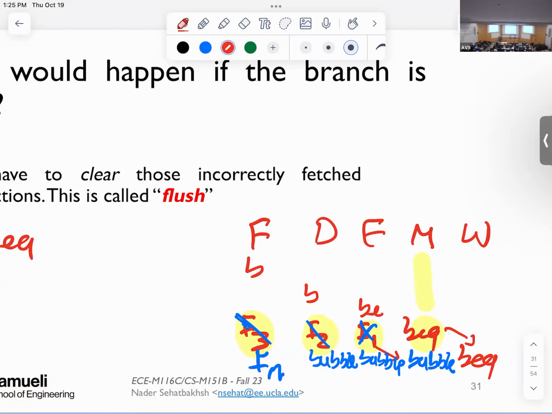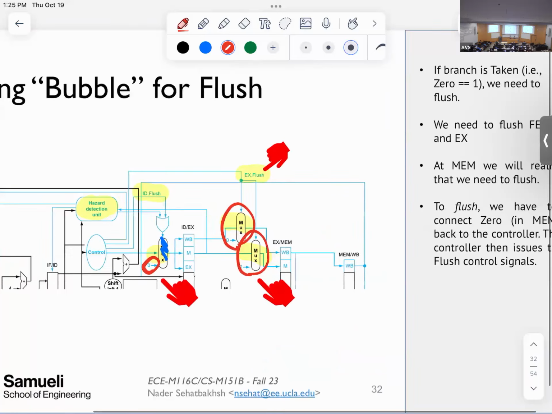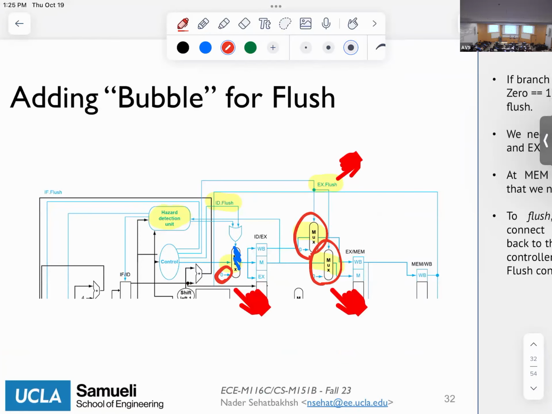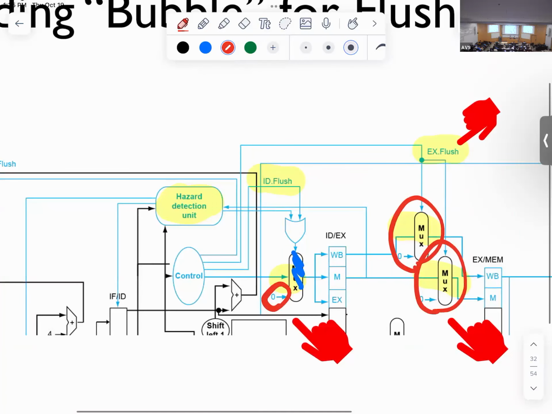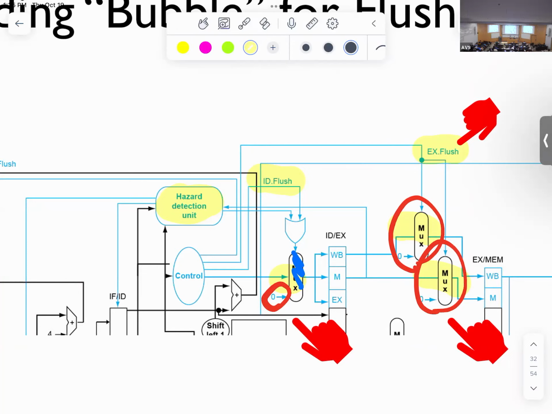The question is, where are the flush signals generated? If you look into this, you will see that these are created by this control signal, right? Because we want to know that this is a branch instruction.